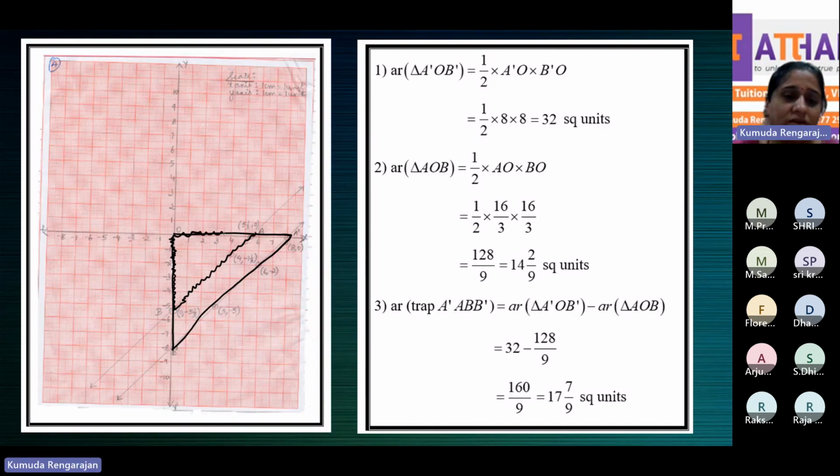The area of the big triangle minus the area of the small triangle will give us the area of the trapezium.